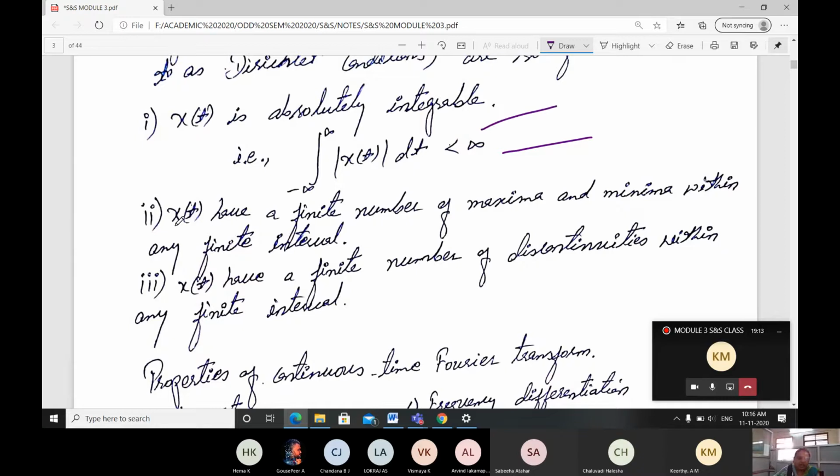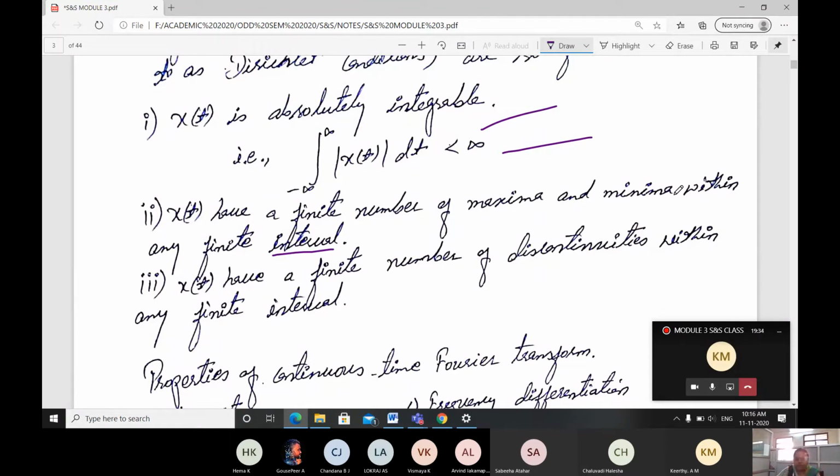The second condition is that x of t has a finite number of maxima and minima within any finite interval. The signal representation should be within a limit.